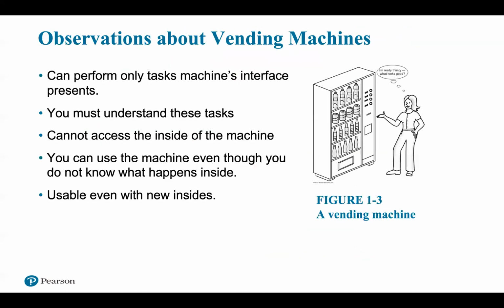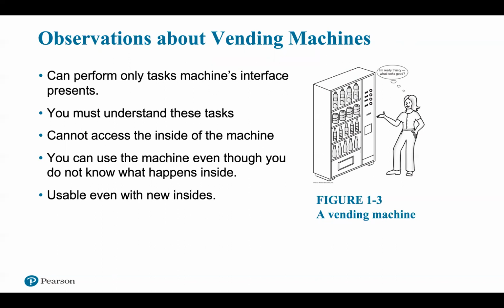Okay, well, let's think in terms of an ADT, and we want to be using an ADT for a vending machine scenario. So imagine that you are in front of a vending machine as shown in the figure. When you look at the front of the vending machine, you will see its interface.